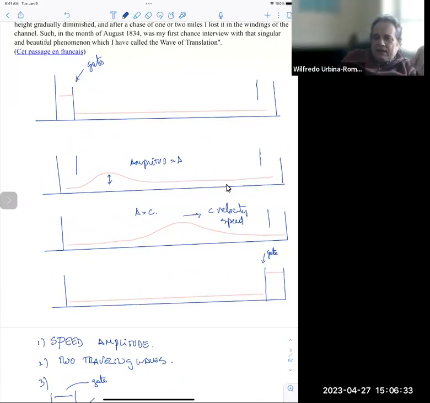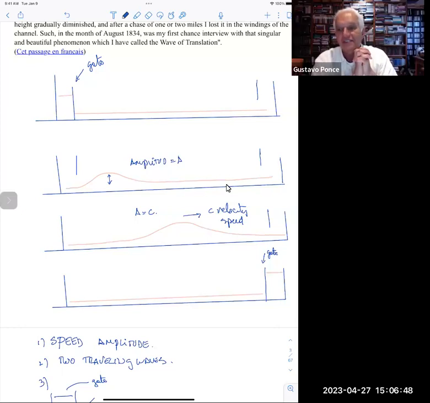At the Science and Industry Museum, they have a channel like that one, and you can see the wave there.